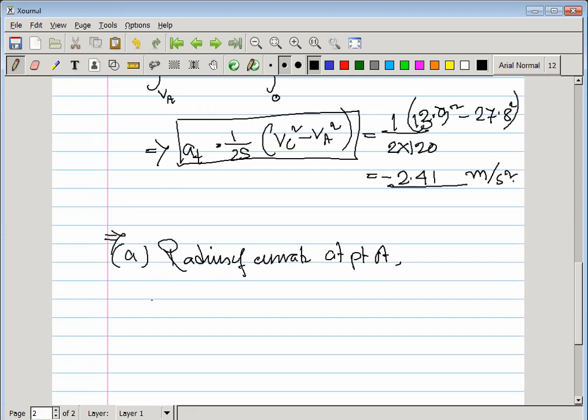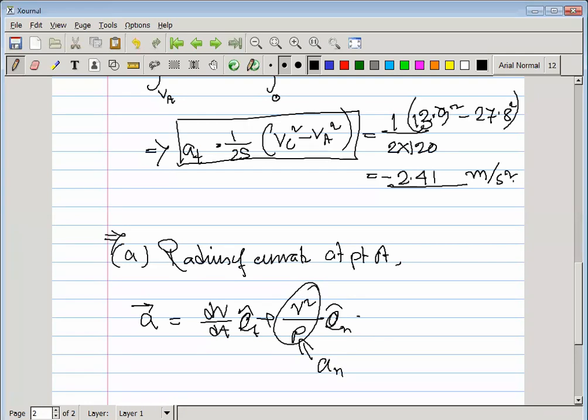Remember, if a is there, then the acceleration vector is dv/dt in the tangential direction plus v squared by rho in the normal direction. So this one is the normal component, and this one is the tangential component. This is the formula.